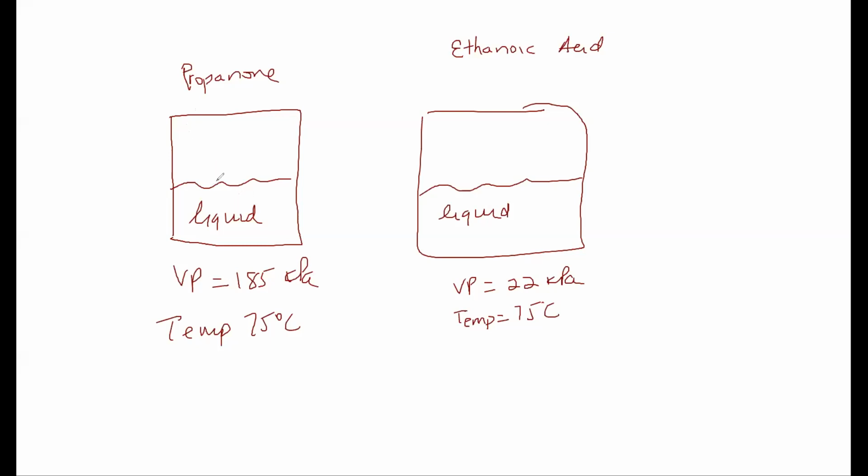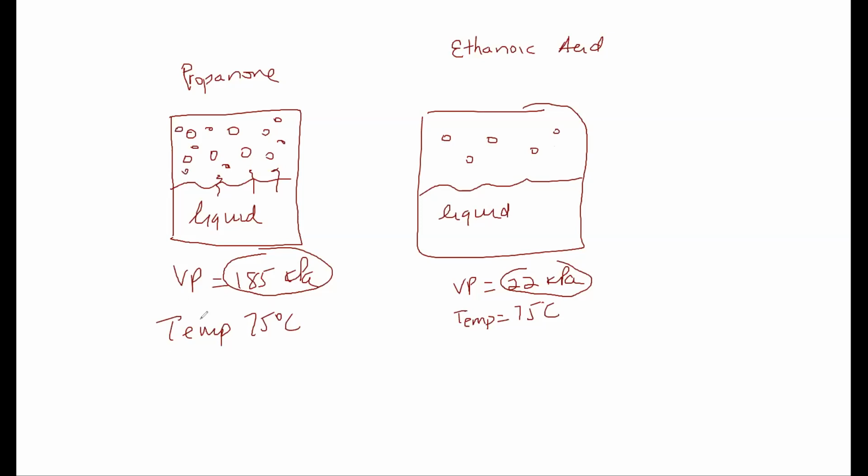So we know some of that liquid will vaporize and change from a liquid to a gas. And we know that the difference is the difference in the distance between the molecules. If the vapor pressure over here is 185 kPa and here is 22 kPa, where are we going to have more gas molecules? Where the 185, more molecules, there is more pressure. How about when there is only 22? Only a few.